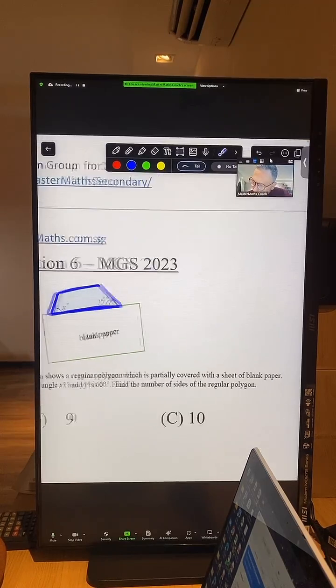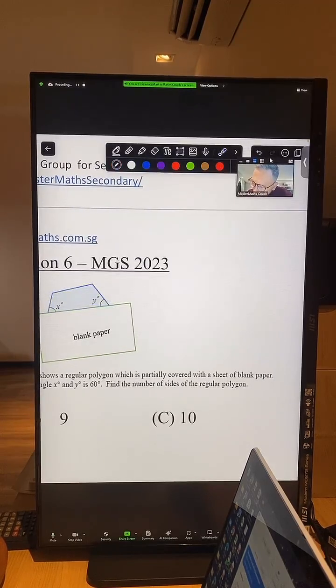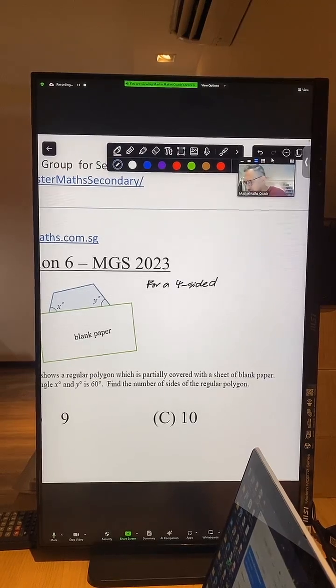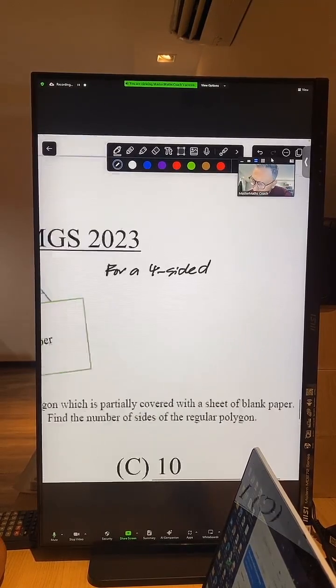So, I will write down this tip here. For a four-sided figure, actually it's not a tip lah, it's just a concept. Okay, let me try to write a bit more neatly.